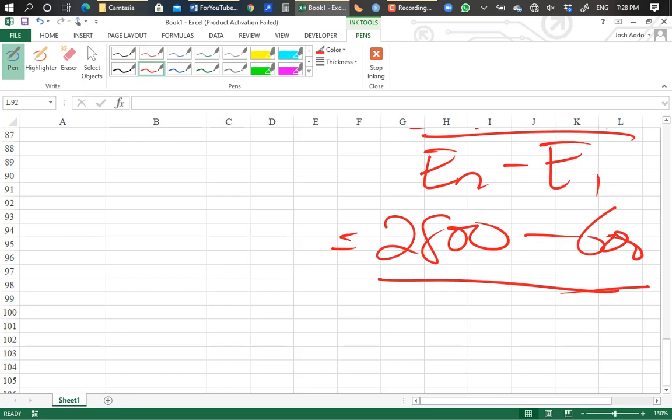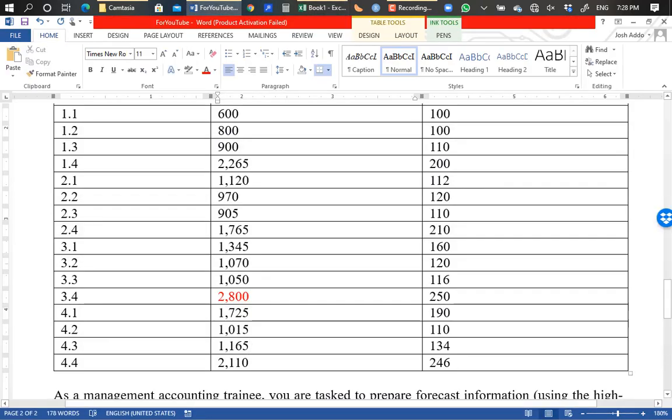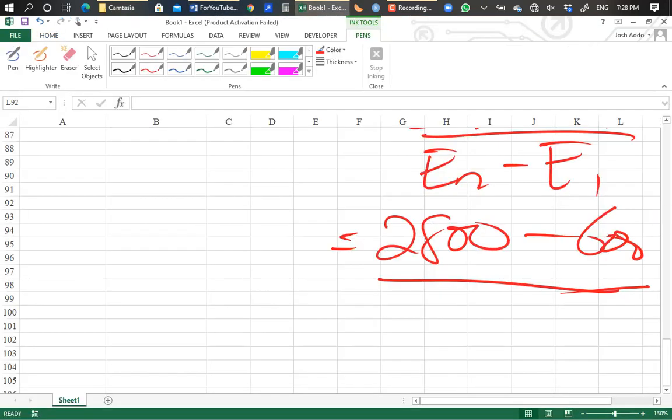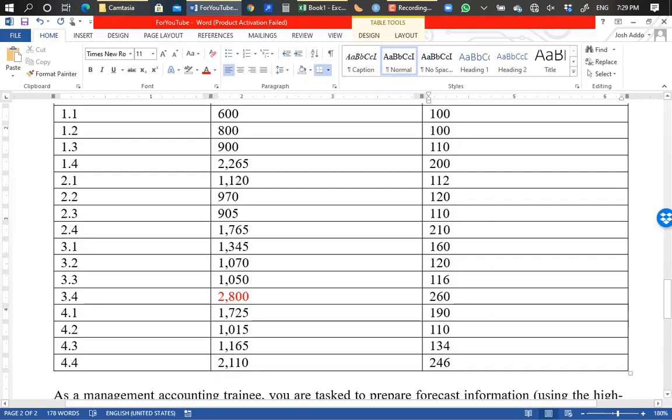The corresponding cost to the 2800 volume is 250. Okay, so let's make it 260. It doesn't really matter, you can maintain it at 250. So let's say 260 minus the cost corresponding to the lowest volume. The cost corresponding to the lowest volume is 100.